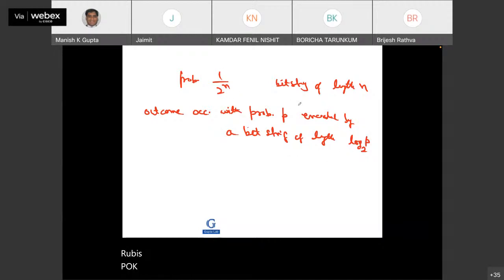So when it is 1 over 2 raised to the power n, it's length n. When it's probability p, this is the bit length.